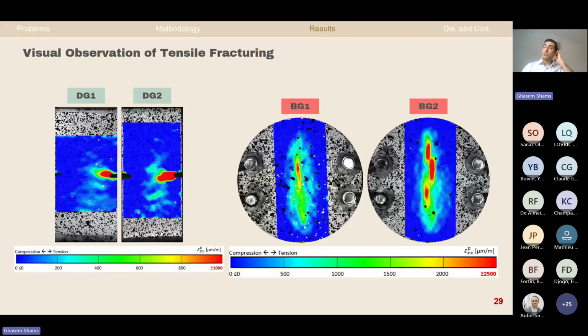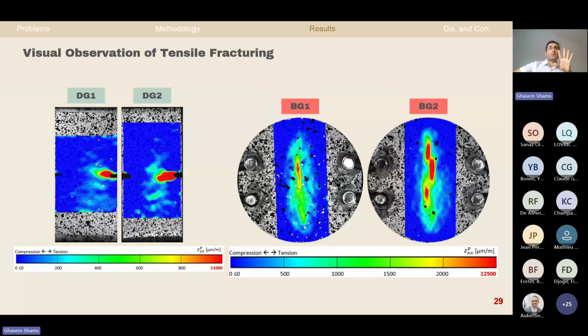To verify and confirm this, we evaluated the deformation and strain types over the surface of the same specimens. These are 2 specimens, the DIC photos from just 1 frame before the final failure. As you can see, it shows the stress concentration over the surface of the specimen.